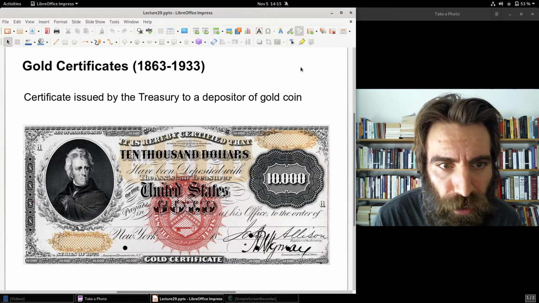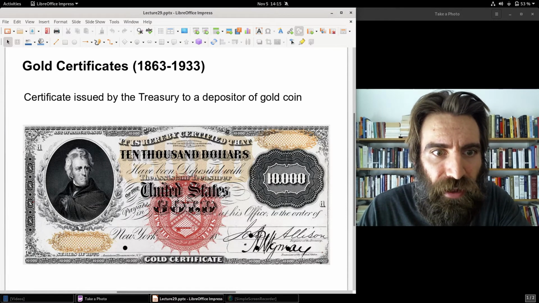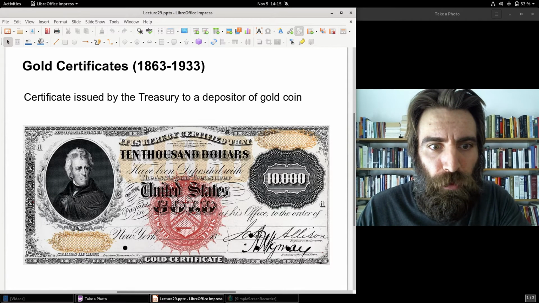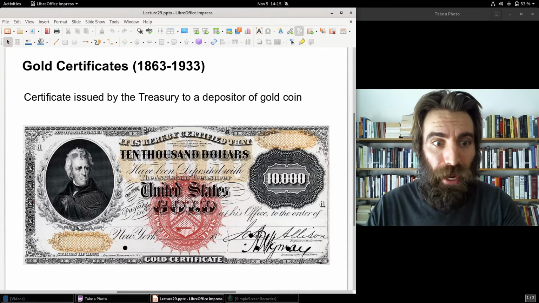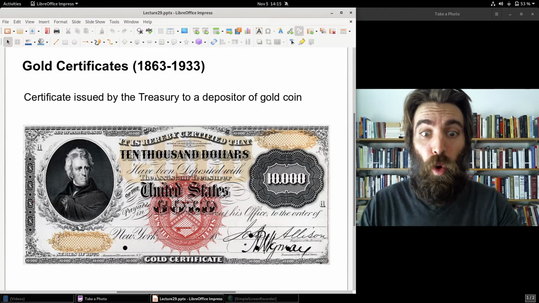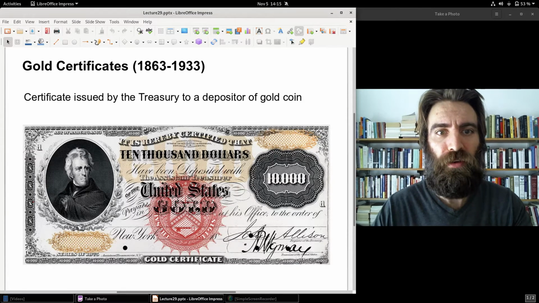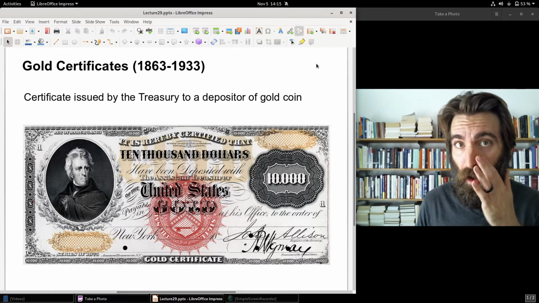And you'll notice the language here. It is hereby certified that $10,000 have been deposited with the Assistant Treasurer of the United States, payable in gold. Payable in gold. This is a gold certificate. $10,000. Now, why would you want this gold certificate? Well, think about it.